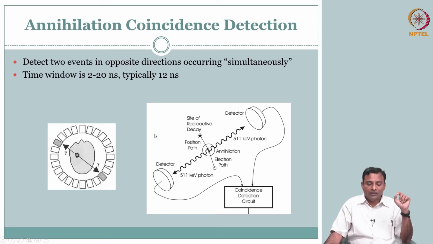So simultaneity is measured in terms of this tolerance window, 2 to 20 nanoseconds. If you detect an event in this detector and you also detect an event in this detector, and they are within the small time window, then I will say probably the activity happened along the line connecting these two.